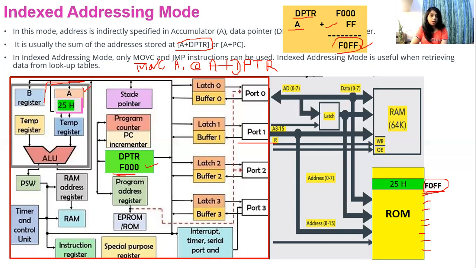It will go to ROM, where that address is available. Now 25 was stored there, and it will transfer this 25 into the accumulator, register A, because A is on the destination side and this is on the source side.